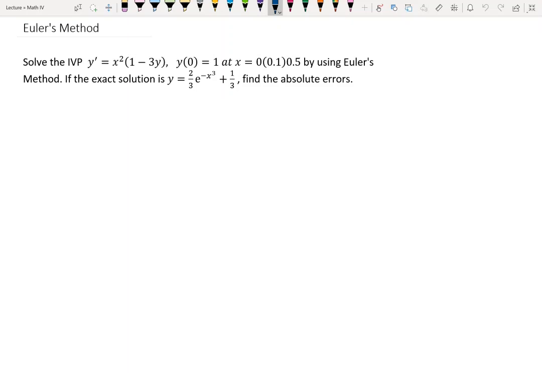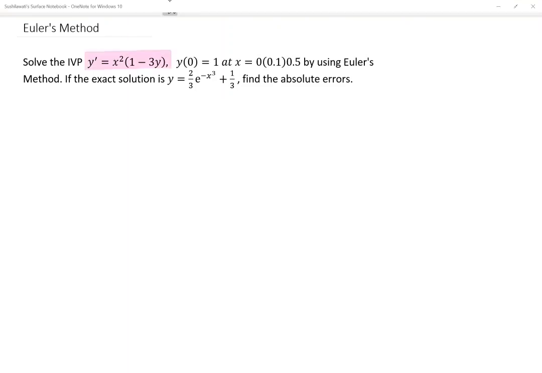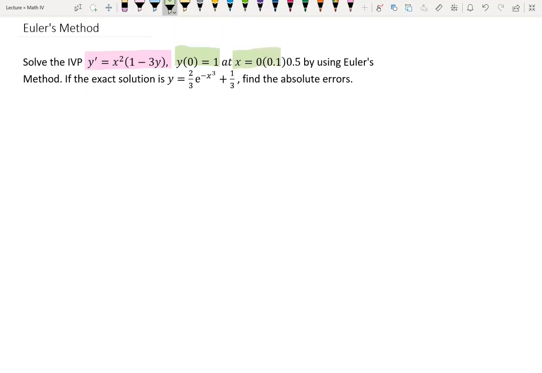If the exact solution is given in this question, find the absolute error. First things first, we identify what information is given to us. Okay, so here we have the IVP function. Then we have the initial condition, which comprises y(0) = 1 and x = 0 with 0.1 and 0.5.